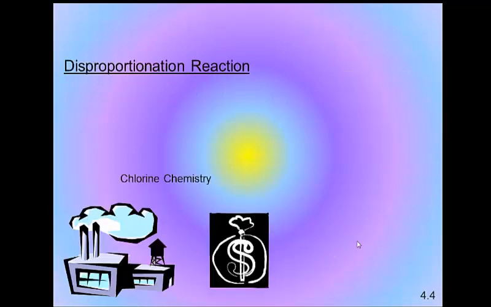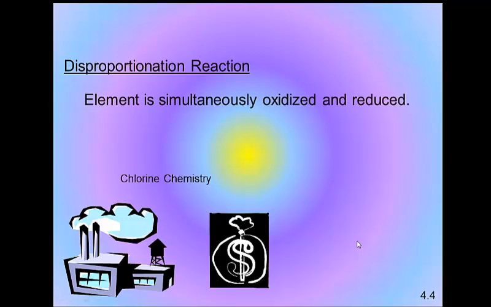Disproportionation reaction, a very large term. Disproportionation reactions are when the exact same element on the reactant side gets oxidized and reduced. So here's an example.